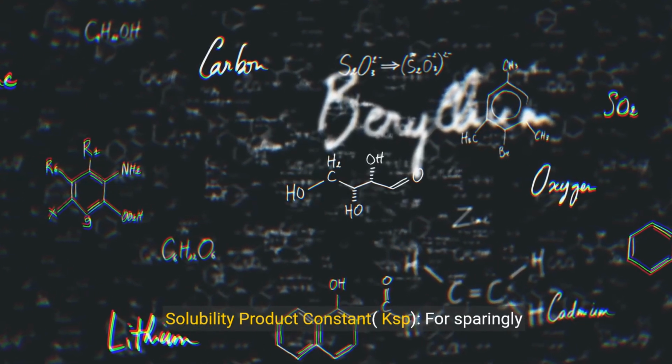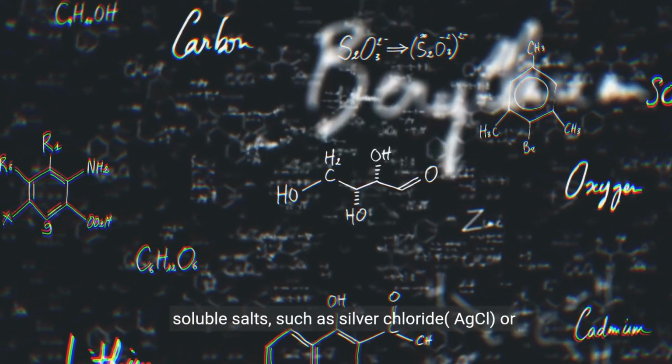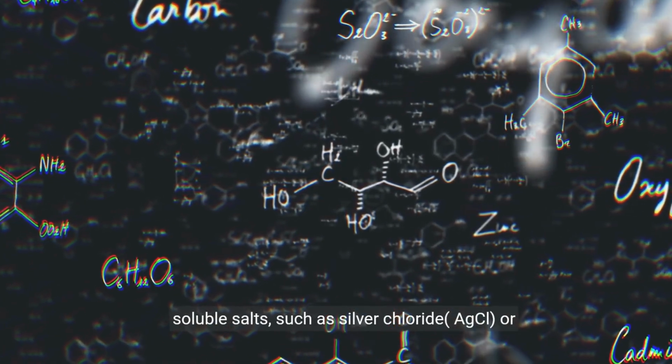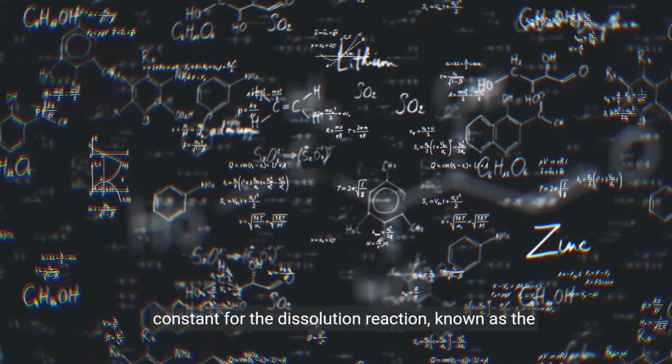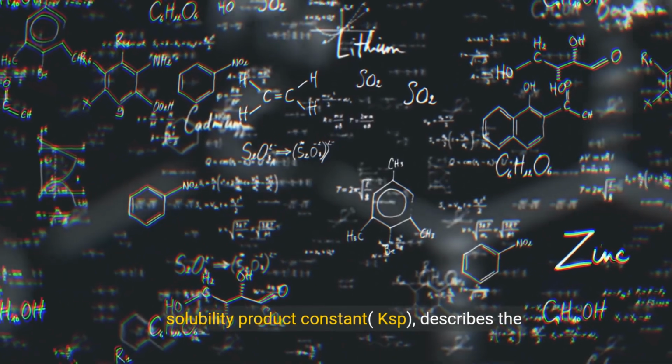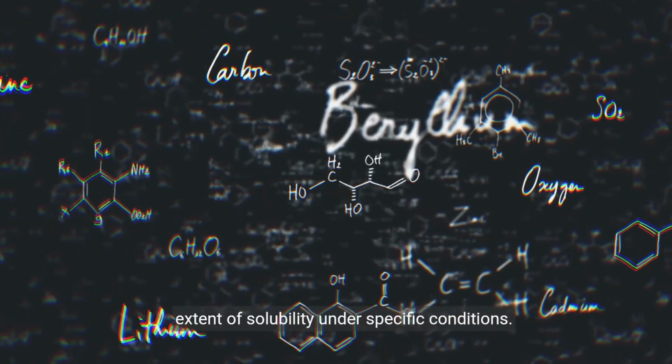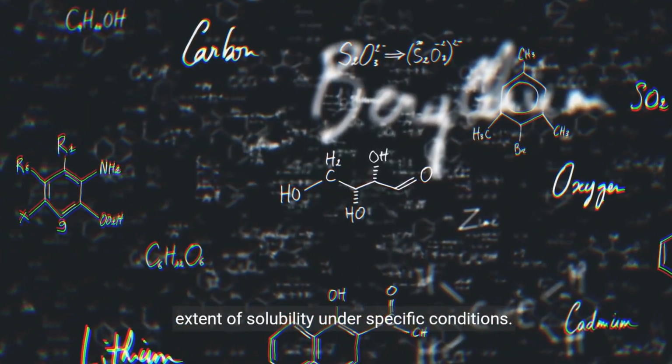Solubility product constant, KSP. For sparingly soluble salts, such as silver chloride, AgCl, or calcium phosphate, Ca3(PO4)2, the equilibrium constant for the dissolution reaction, known as the solubility product constant, KSP, describes the extent of solubility under specific conditions.